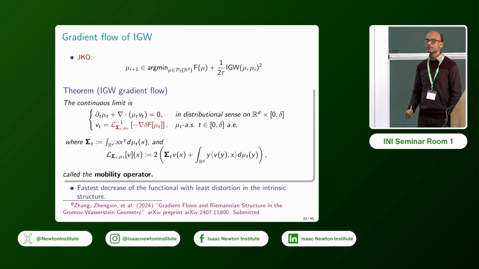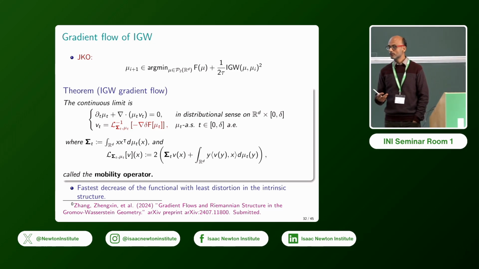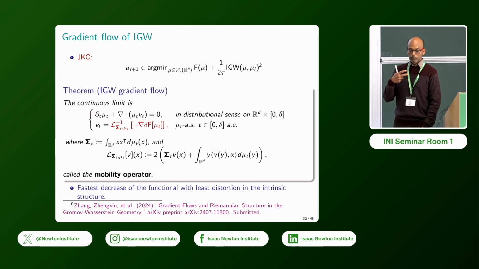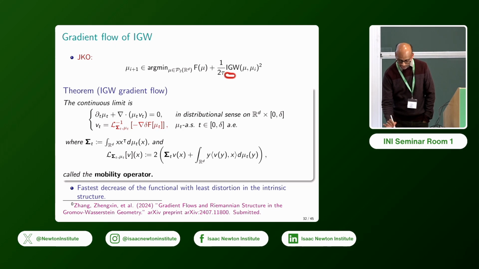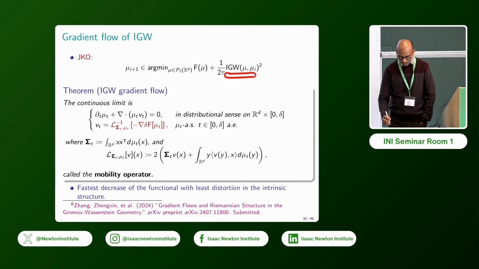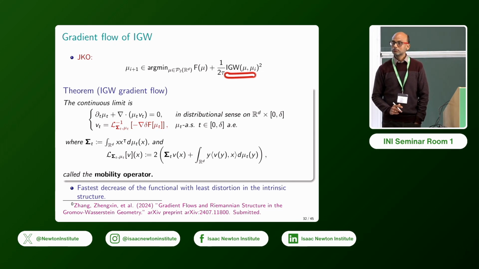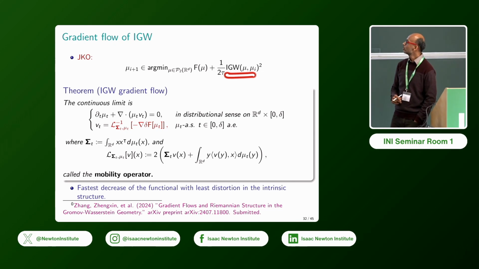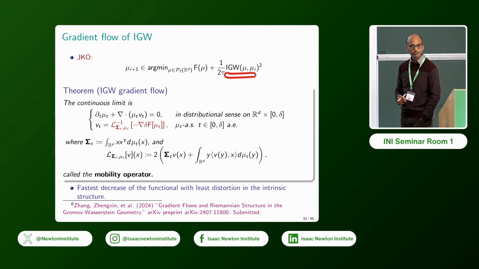So then the recipe is similar. We do the same JKO, but now replacing W2 with IGW. Now we can ask the same question: what happens in the infinitesimal limit? As tau goes to 0, what sort of evolutionary equation does this converge to?